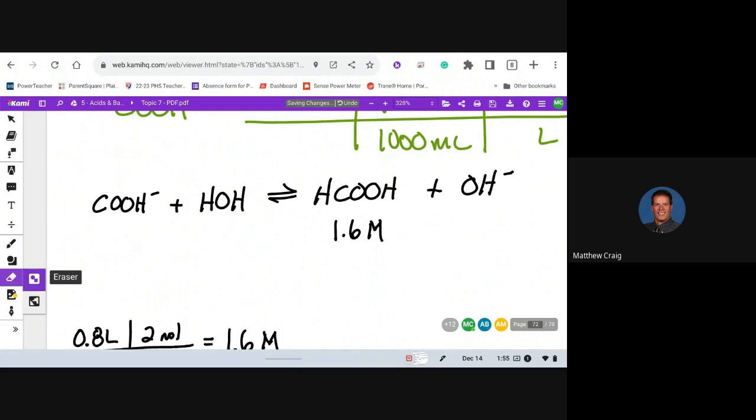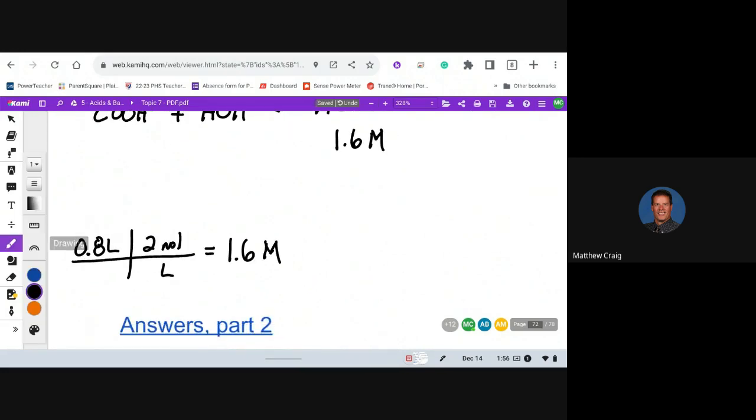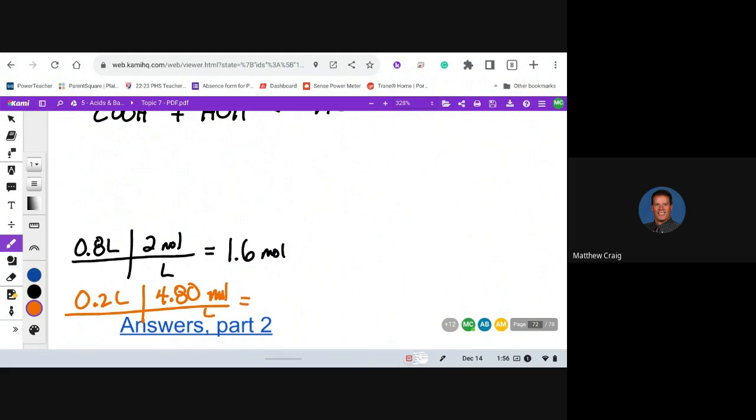Wouldn't that be moles on moles? Oh yeah, right, thank you. We still got some work to do. And then we have 0.2 liters of a 4.8 molar, so that'll give us 0.96.